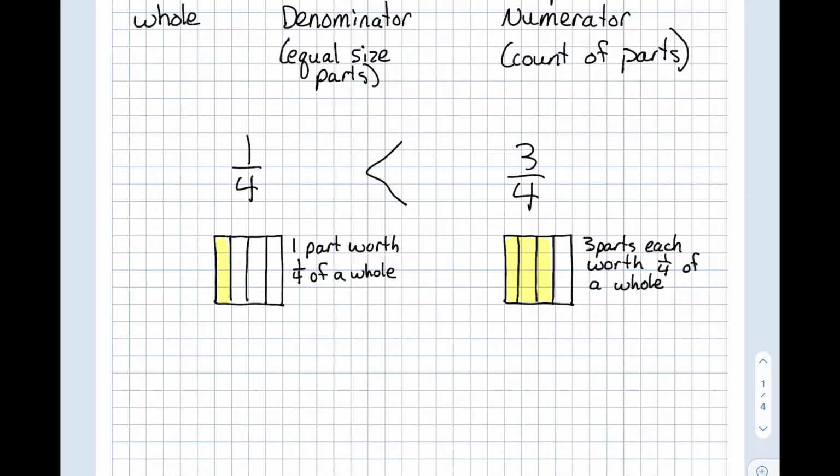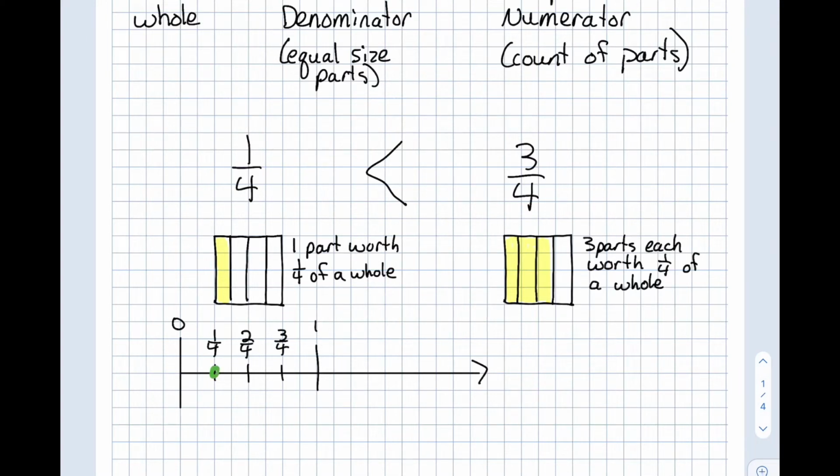These comparisons work particularly well on number lines as well as area models. So we have our reference whole, our unit, the space between 0 and 1, and we've broken it into 4 equal parts. Those are our 4 spaces. So we have 1/4, 2/4, and 3/4.